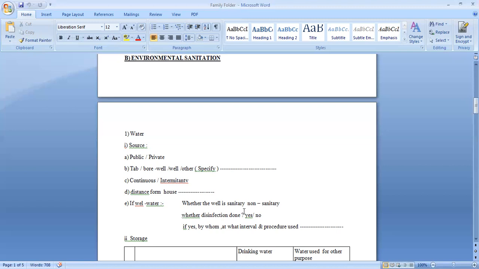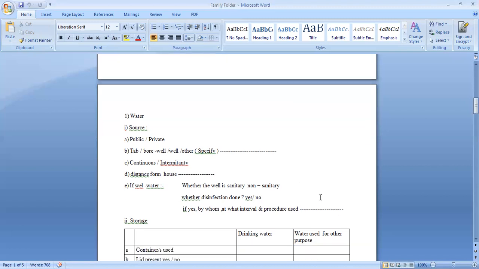Now, if the family is using well water, then you have to mention whether the well is a sanitary well or a non-sanitary well. Then whether disinfection is done for that well or not done, or it is just an unsanitary well and the water is being used even for drinking.